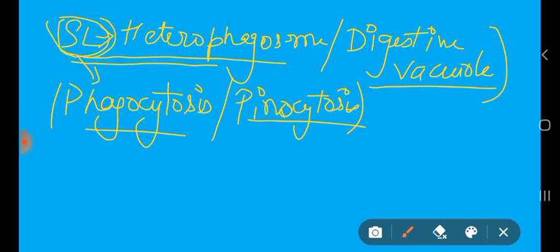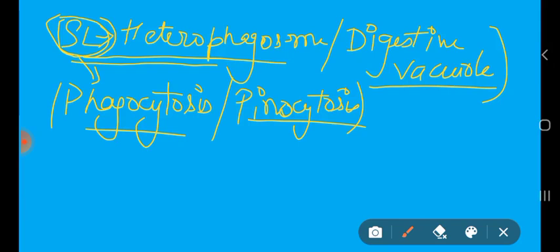The products of the digestion will then be transported, with the help of transmembrane proteins found within the membrane of the secondary lysosome, out from the lysosome to the cytosol, where the digested products will be excreted out from the cell, or reutilized by the cell. So I hope you have understood all.